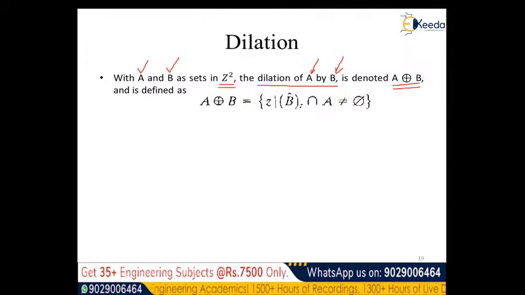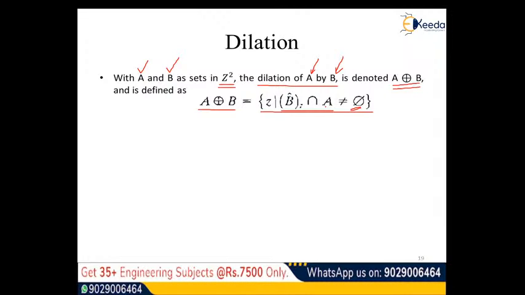The definition as per set theory is shown here, the notation is on the left hand side, and inside the curly brackets we have the translated parameter Z, B hat its reflected version, having intersection with the original image capital A not equal to phi. Not equal to phi means this intersection is not empty.